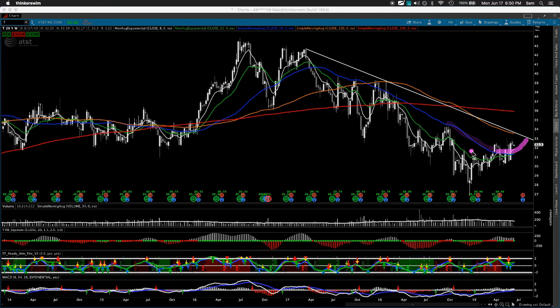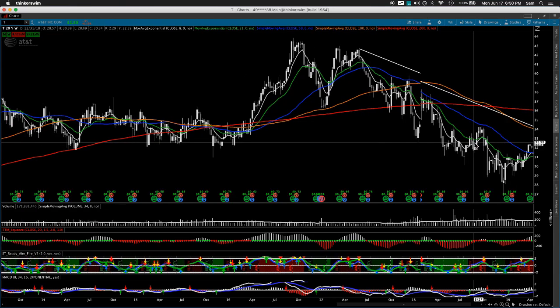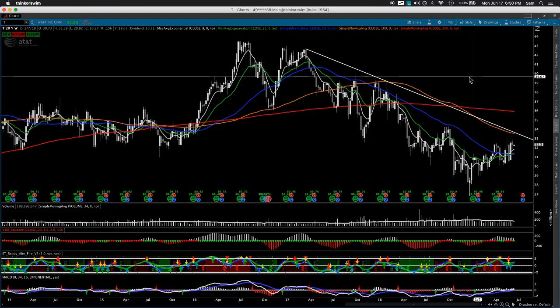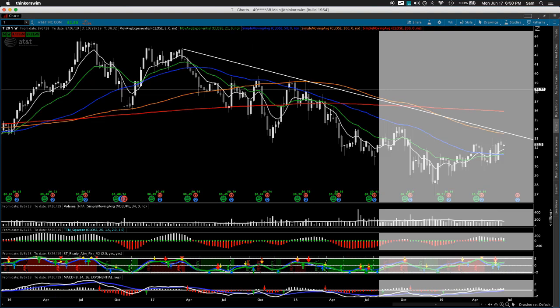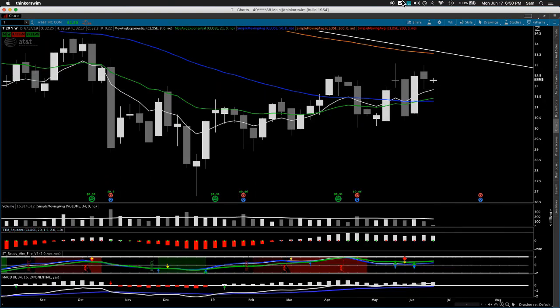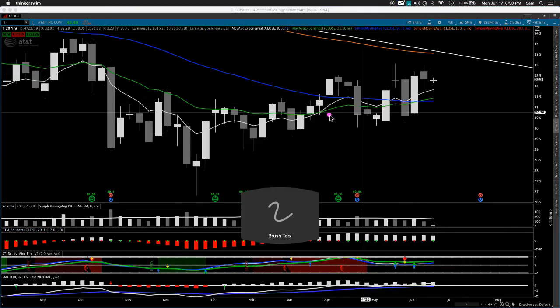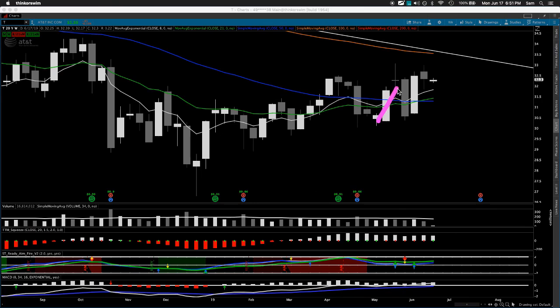Not only did we get through the 50, but look at what happened to the moving averages here. Because price just getting through the 50 is a change, but then not only did price get through the 50, but the moving averages have now flipped.